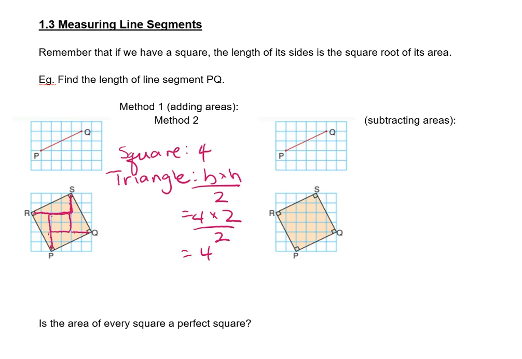Well, there's 4 triangles, so it's 4 times 4, that's 16. So we have 16 plus 4, because we have the area in the middle, and those 4 triangles. 16 plus 4 is 20 square units.